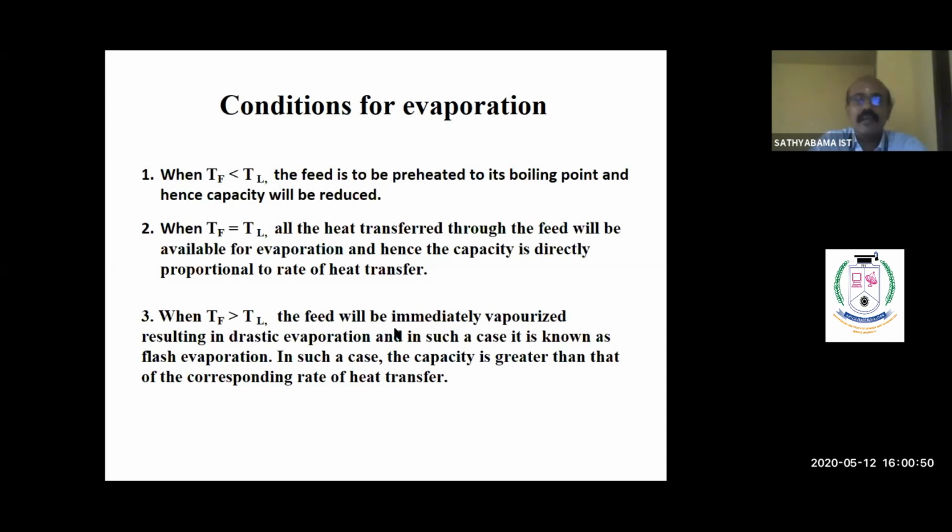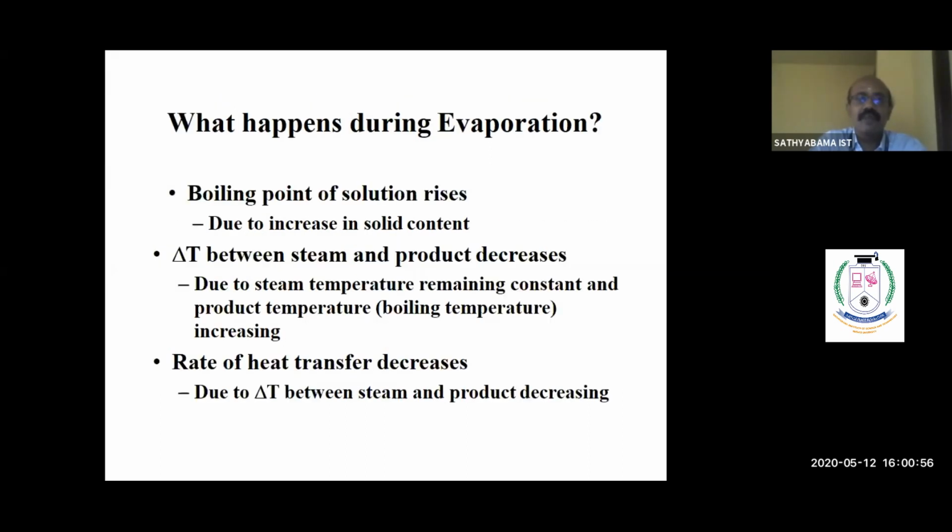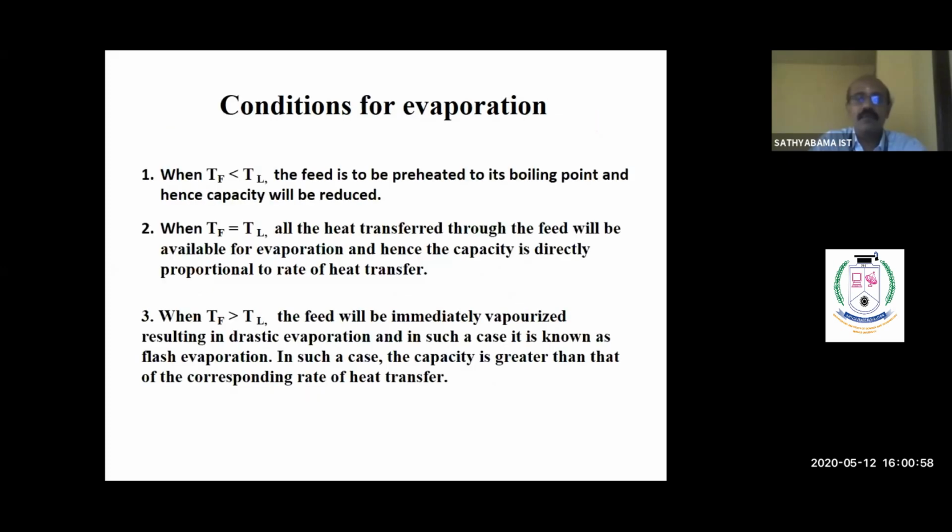In such a case, obviously the rate of heat transfer will be reduced, and hence capacity will also be reduced. Whenever TF is equal to TL, whenever the temperature of the feed material is at the boiling point of the solution, then gradual evaporation will take place, and hence the capacity is directly proportional to the rate of heat transfer.